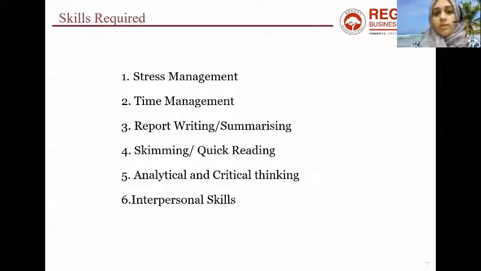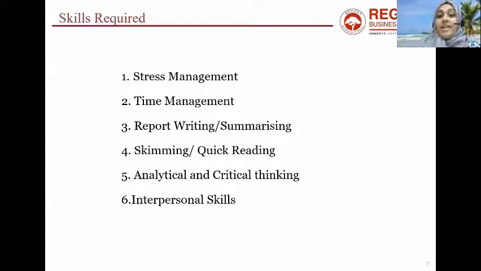So another useful skill is report writing and summarizing. And it goes very closely with skimming and quick reading and analytical and critical thinking. So if you're a master's level student or a PhD level student, you're going to have very good report writing and summarizing skills, because if you're going to be reading tons of research articles, firstly, you're going to have to do skimming and quick reading, pick out the core themes, the core findings.